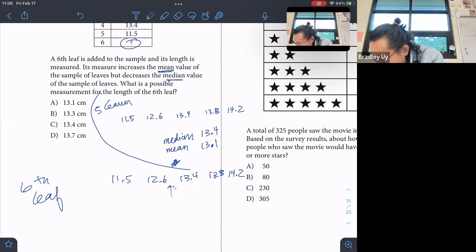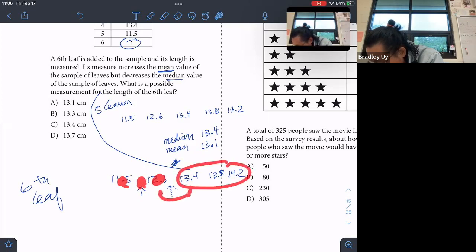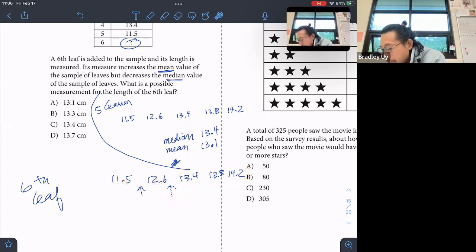If we slotted the number in here, okay, then you would have 1 number, 2 numbers, 3 numbers, and then these top 3, you would find the average of these two because these are the middle numbers, and it would decrease the median. This is all to say, the number that you introduce, the 6th leaf, has to be less than 13.4.